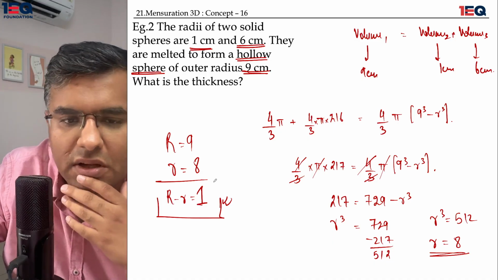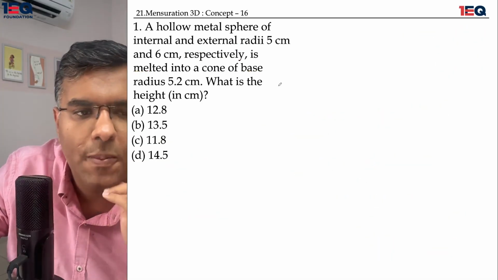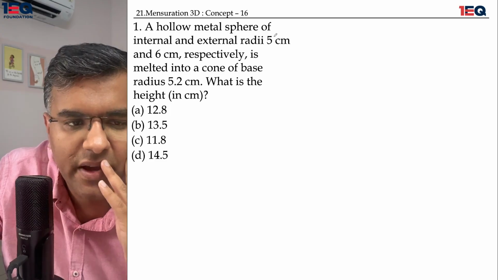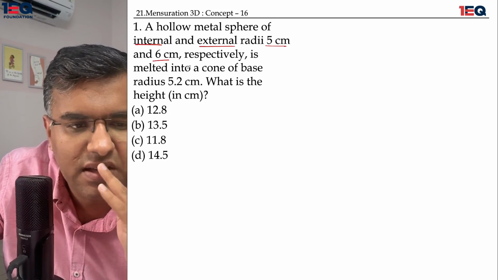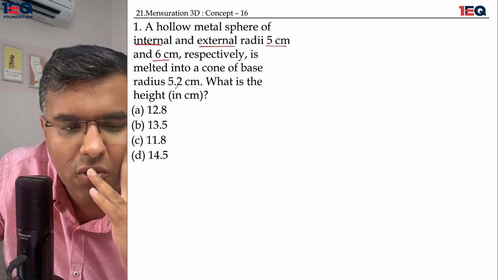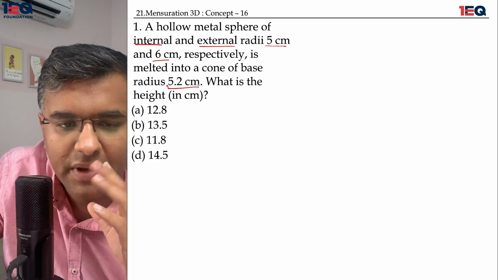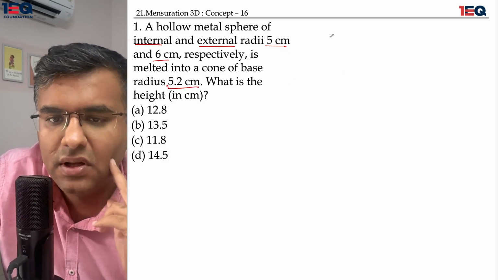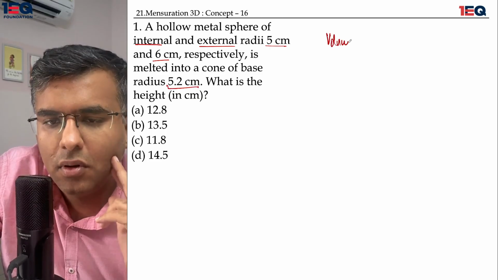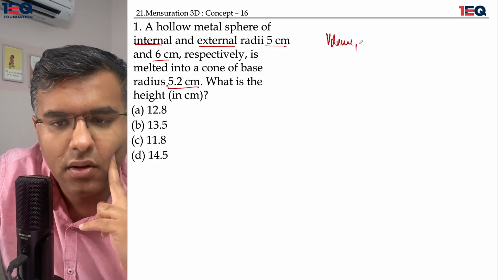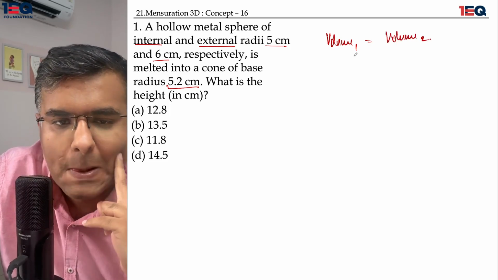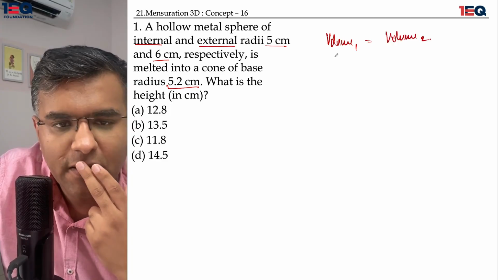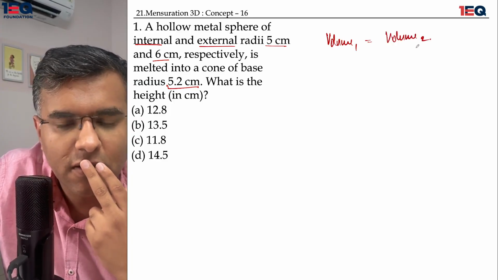Happy? Let's go ahead. A hollow metal sphere of internal and external radii, this and this, is melted to form a cone of some base radius. What is the height of the cone? Again the same: volume 1 is equal to volume 2, 1 being a metal sphere and 2 being a cone.